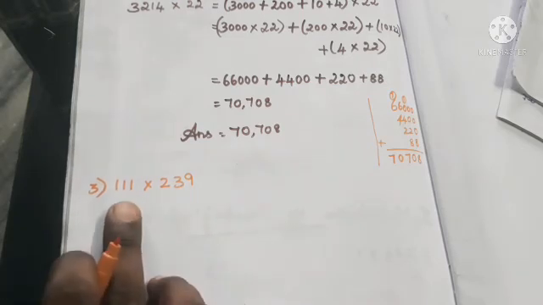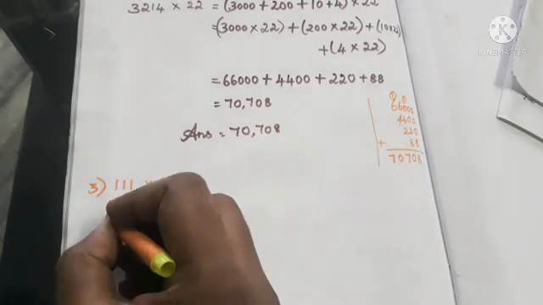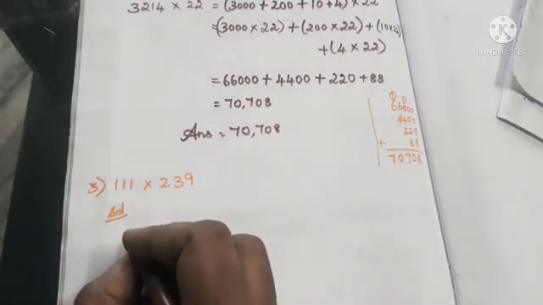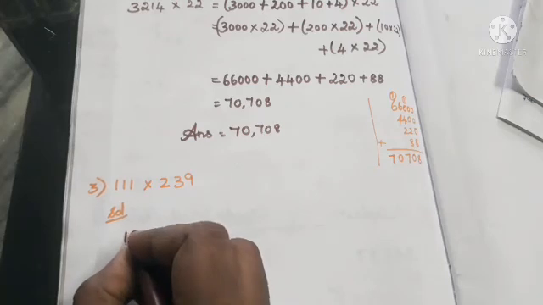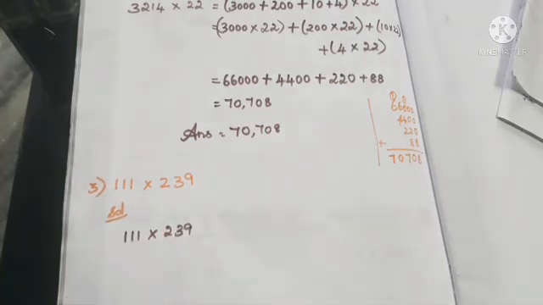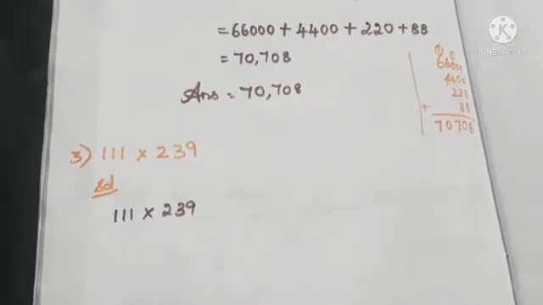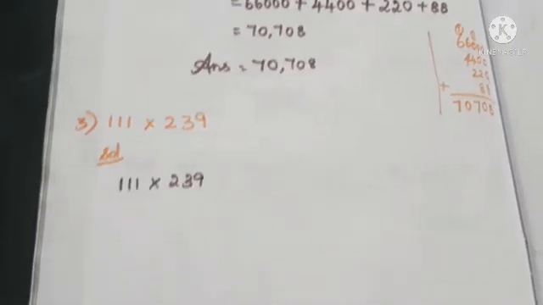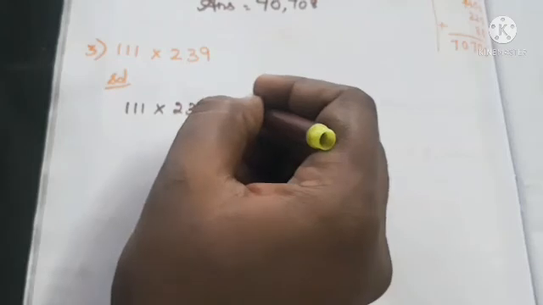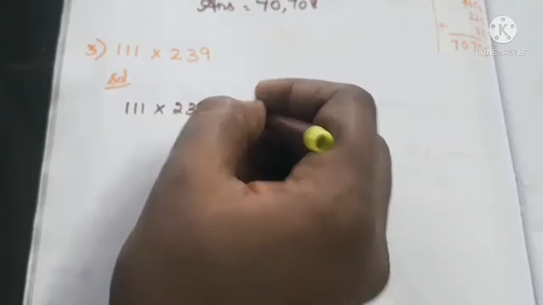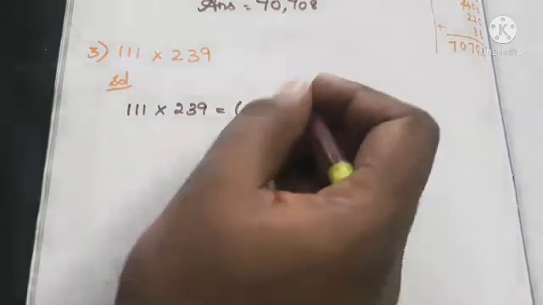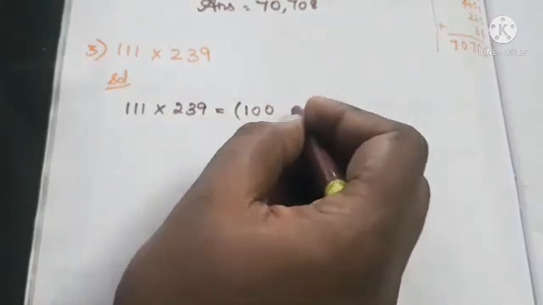So we have to split the multiplicand. So first we can write the question as it is, that is 111 into 239. So we can split the numbers as 1 first. In the 100 place we have 1, known. Then in the remaining 10's and 1's places we place zeros. Okay.